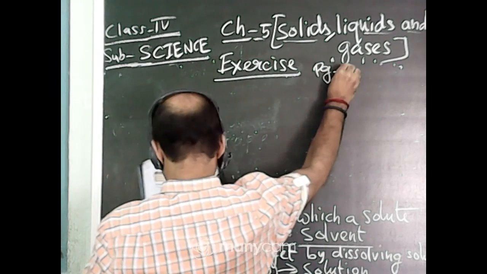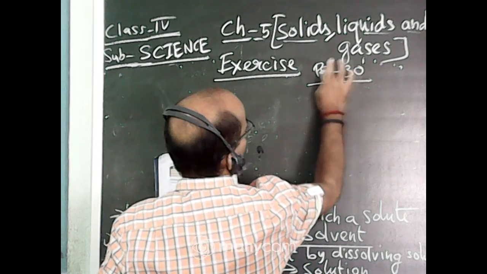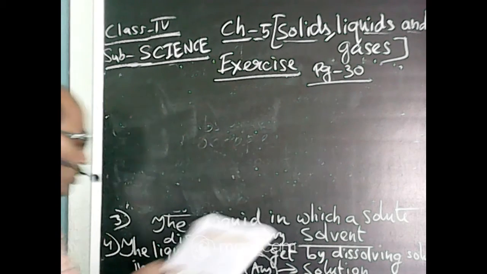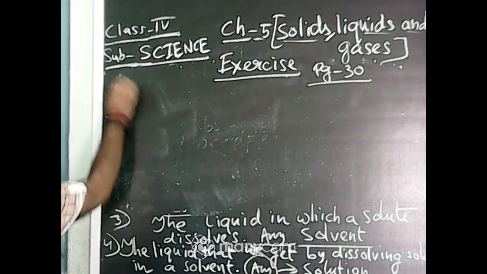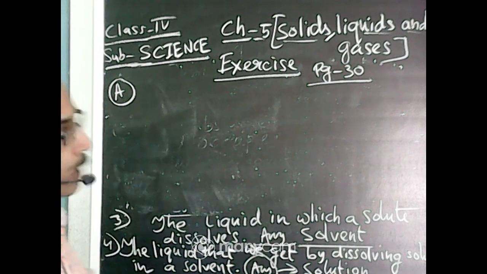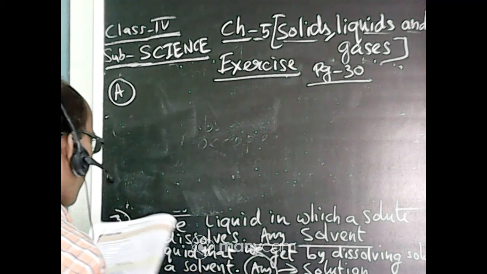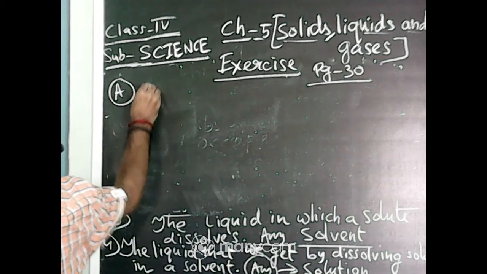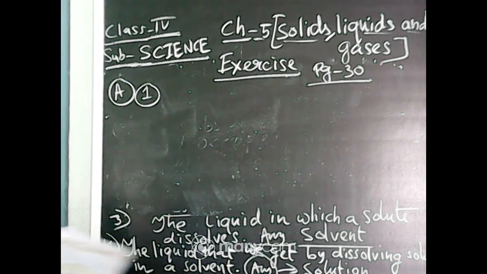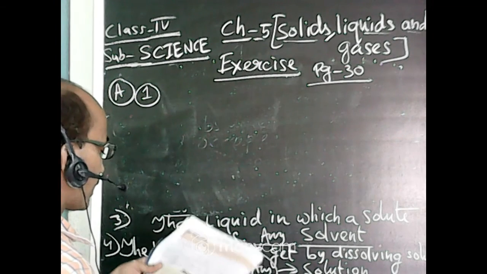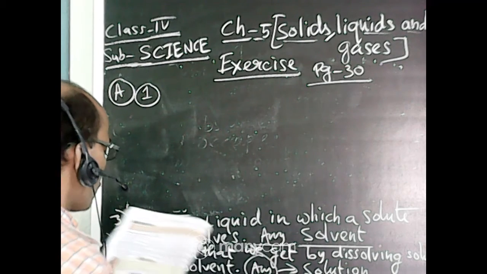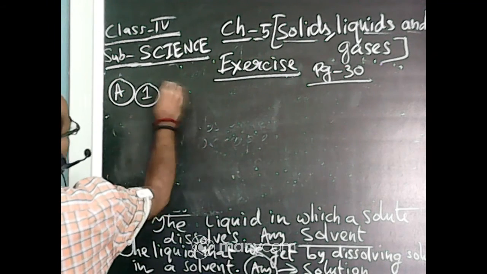Page number 30. You will do this in the book. Number A. Tick the correct option. Okay, let me do it. Number A is MCQ. Number 1, matter exists in dash state: 1, 2 or 3. It is 3.